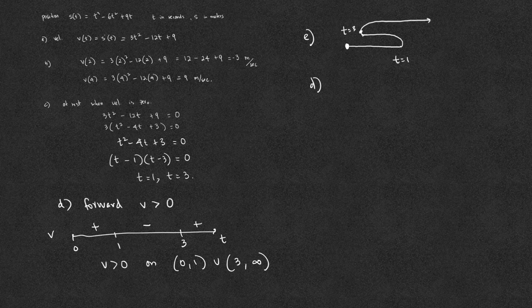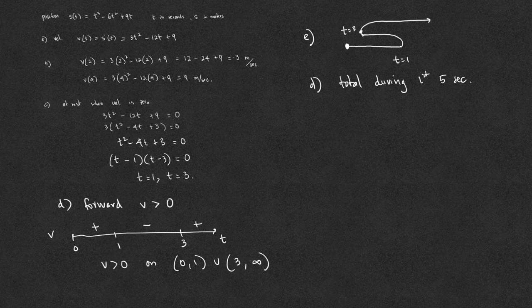Next, find the total distance traveled during the first 5 seconds. This is the total distance traveled, not the displacement and not the position. To find the total distance traveled, we would need to break this down into intervals where the velocity is positive or negative.